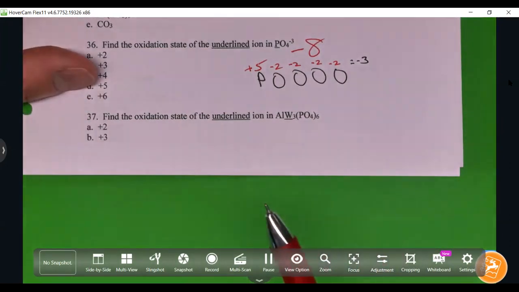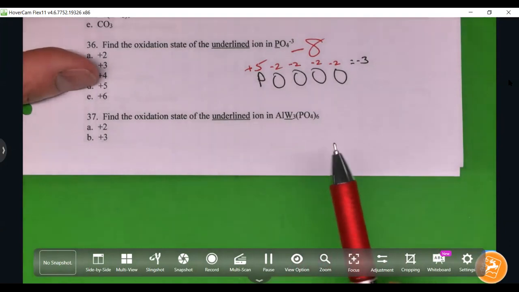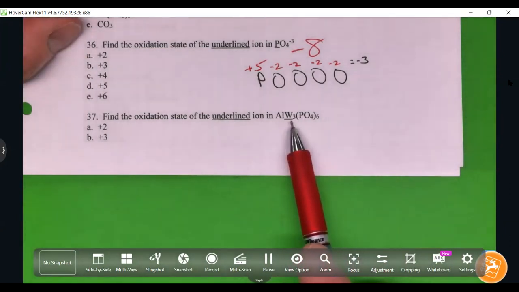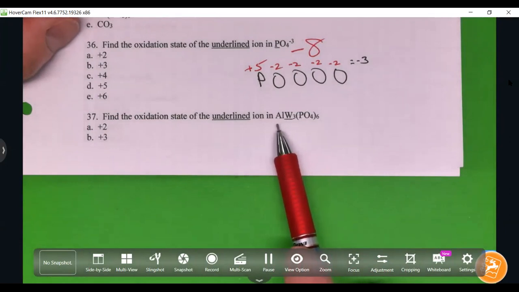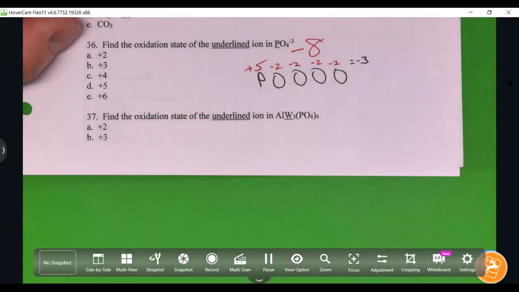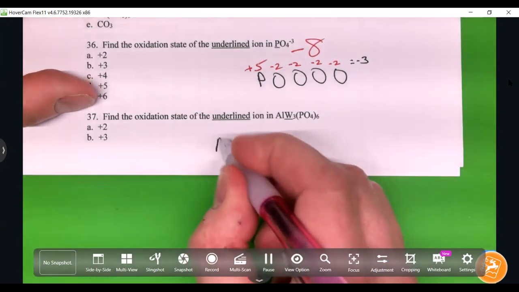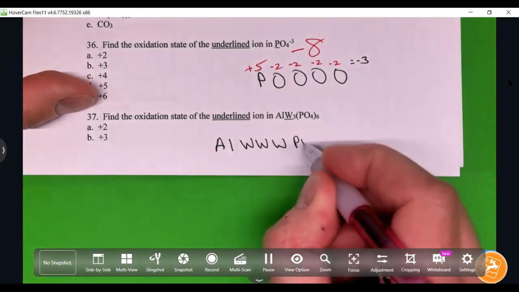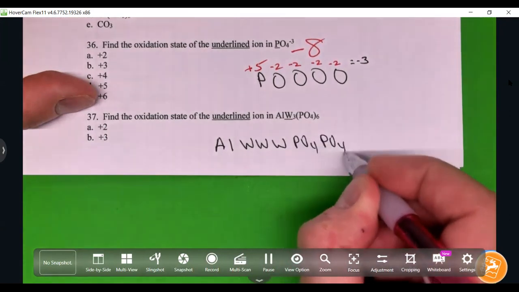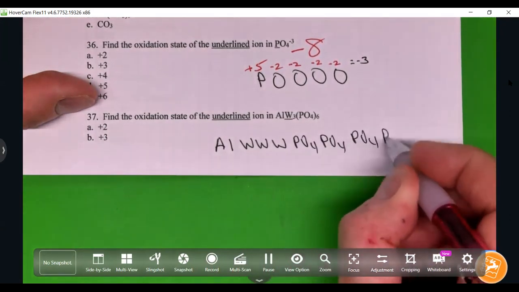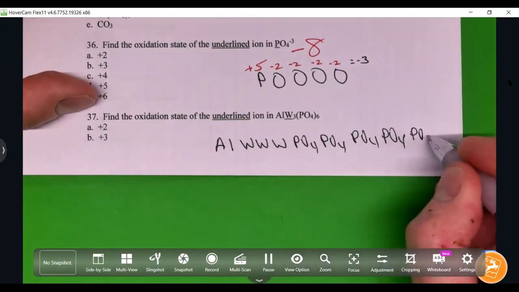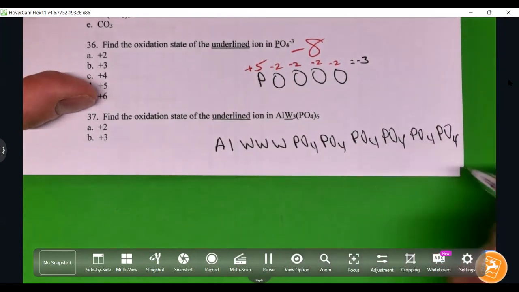In 37, you have phosphate, you have tungsten, and you have aluminum. And 2 out of the 3 are locked in. Treat it like this: 1, 2, 3, 4, 5, 6.